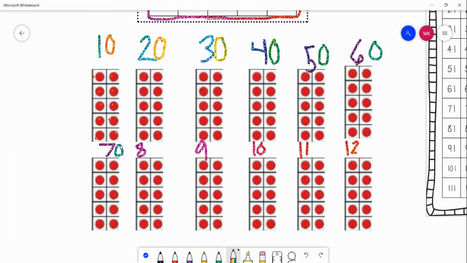Seven tens is 70. Eight tens is 80. Nine tens is 90. 10 tens is 100. 11 tens is 110. And 12 tens is 120. So these are the tens groups, and these are counting by tens. You're using your decade numbers.